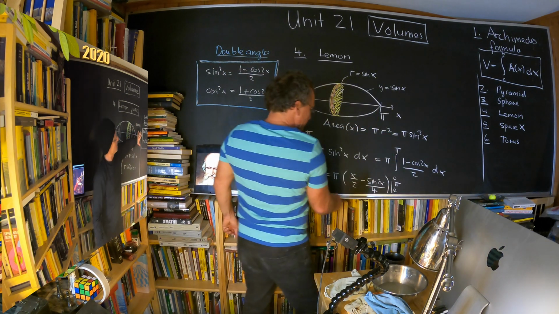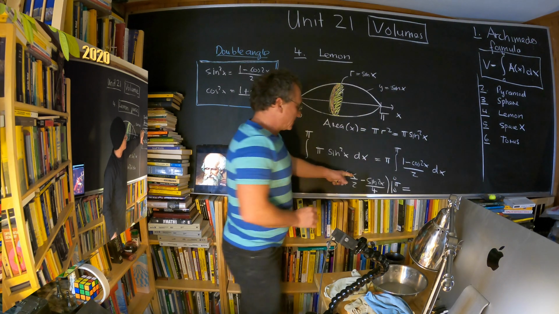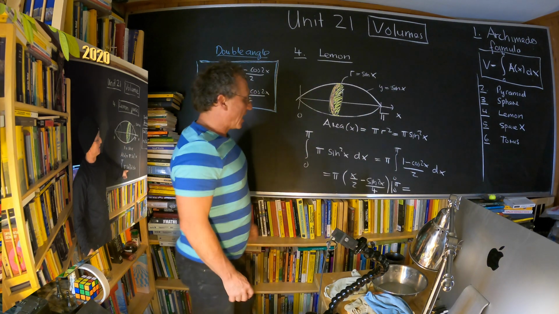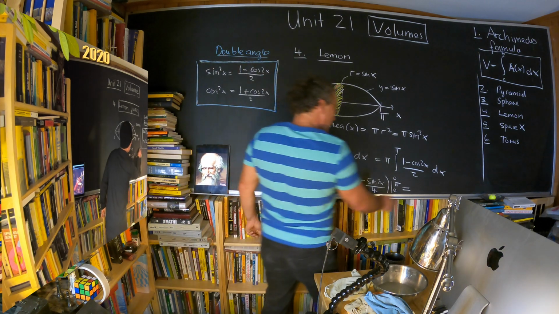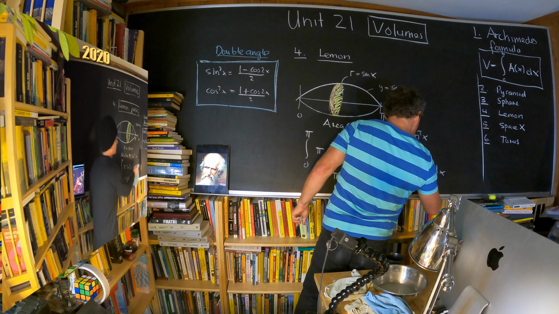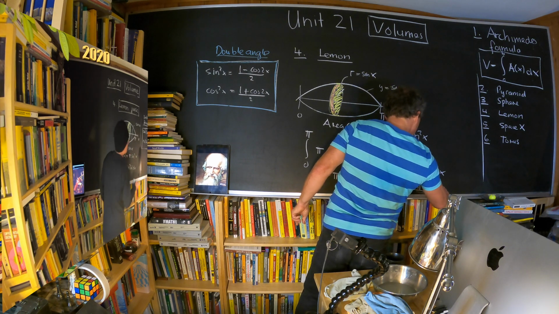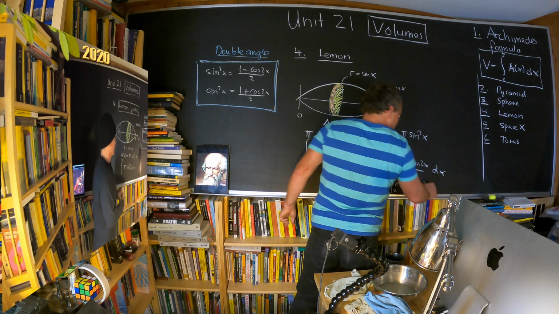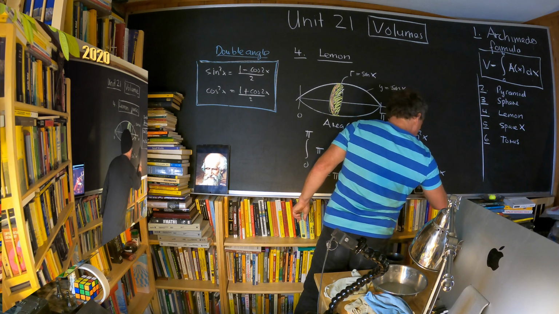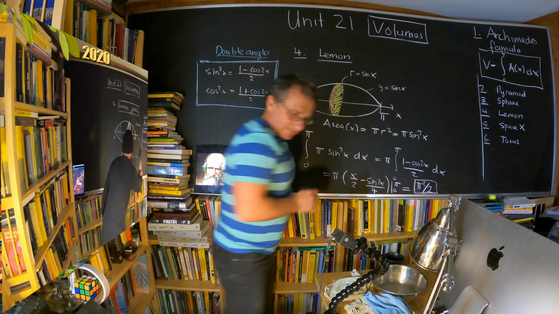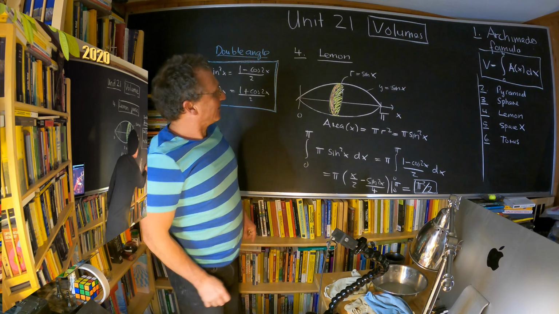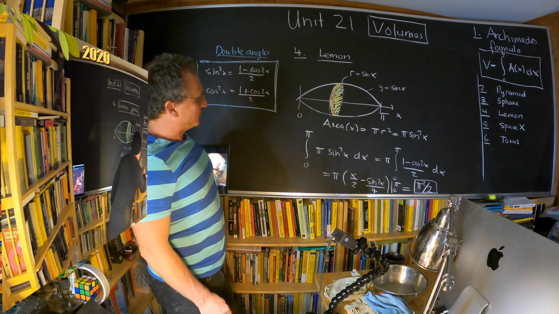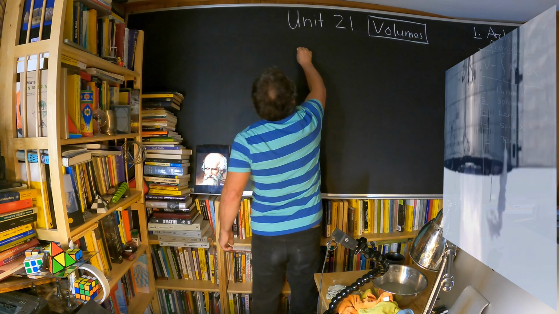That goes away, and this is just pi again, so that's actually just pi squared over 2. Who would have thought that there's a pi squared in that lemon? So it's basics.